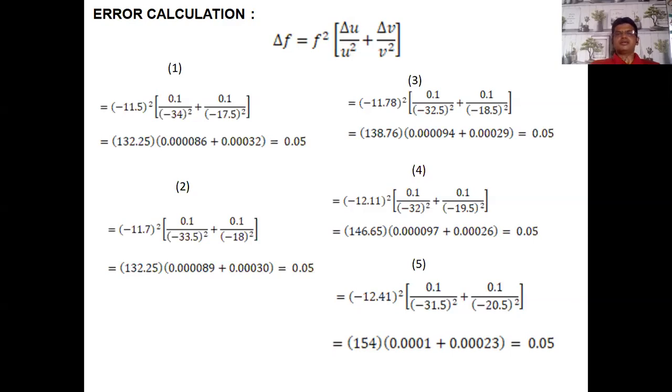value. It's an error. We found the error because every setup has some error. Here it is very good because we have an error in this practical of only 0.05. So we maintained our values, and our setup came together very easily. We set it very confidently, with object and image in a common straight line.